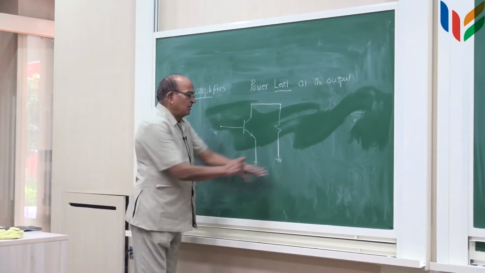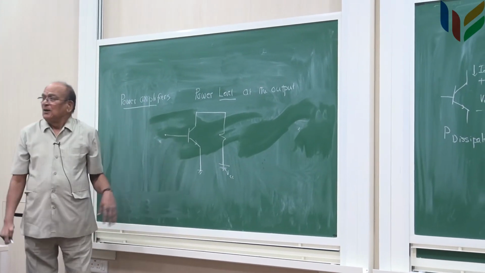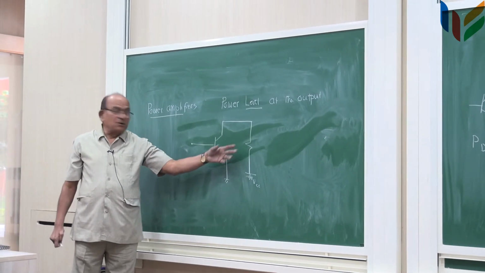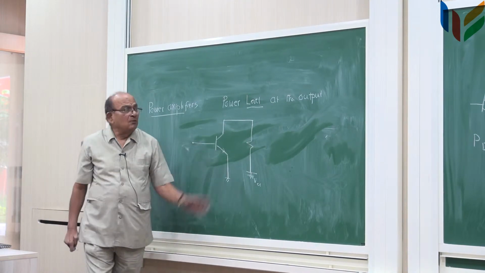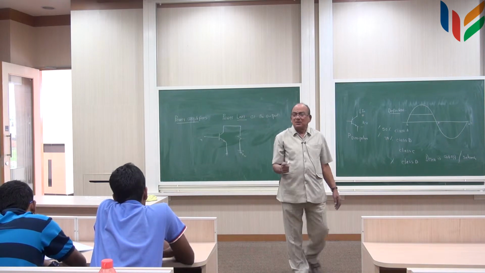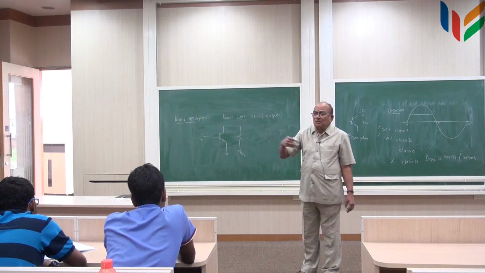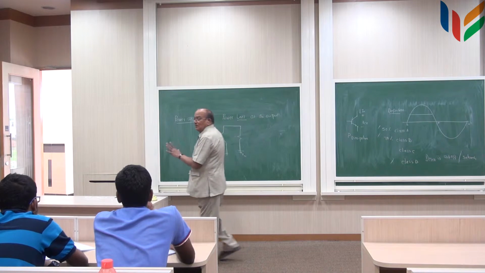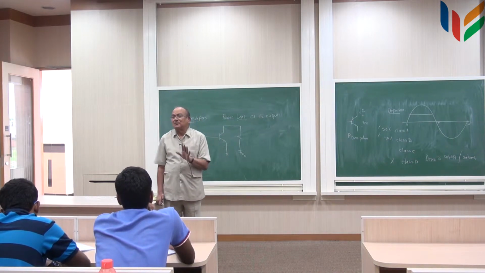This is going to VCC. A simple circuit. You are applying a signal here, and then you take the output across the load here, and you compute the power across the load to give you the output power, and compute the DC power supplied by the power source VCC, and the ratio of these two will give you the efficiency.